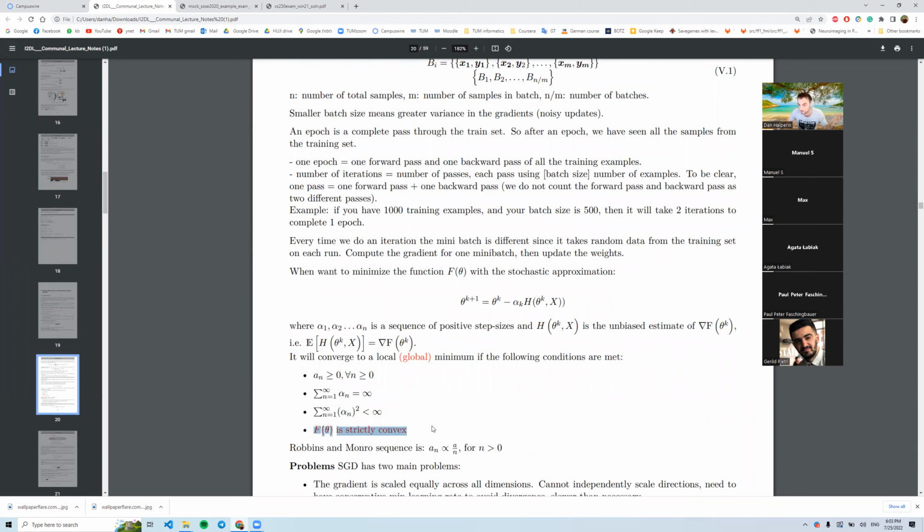Usually it's not strictly convex, which is why we usually go to local minima, but we said it's good enough for the problems we try to solve, because in deep learning we do applied mathematics and we don't really need the global optimum. When it's good enough for the autonomous car to drive, it's good enough.